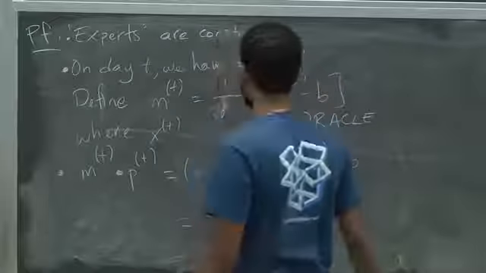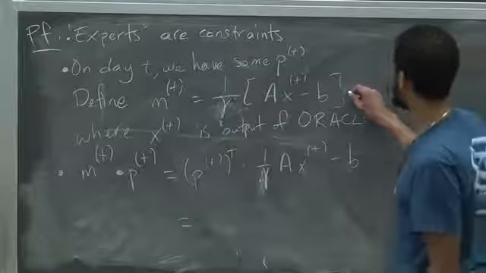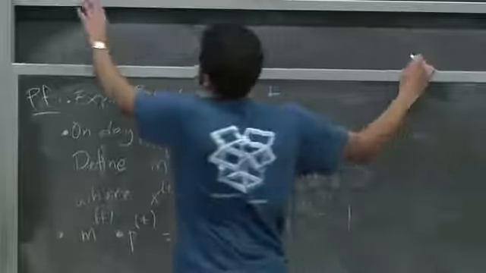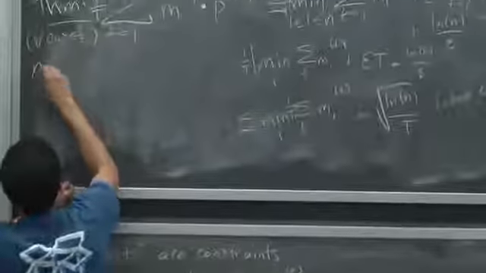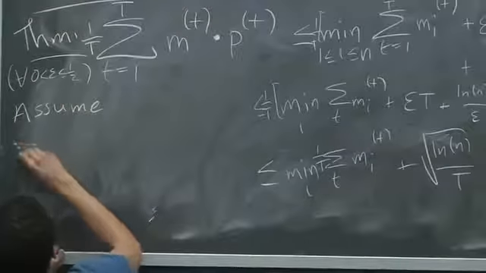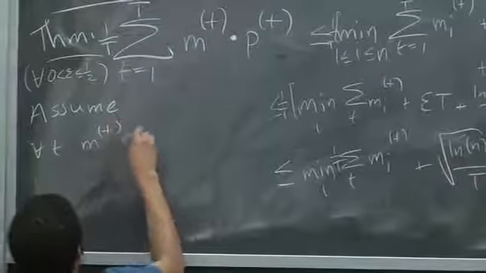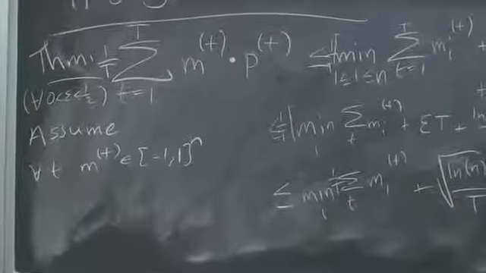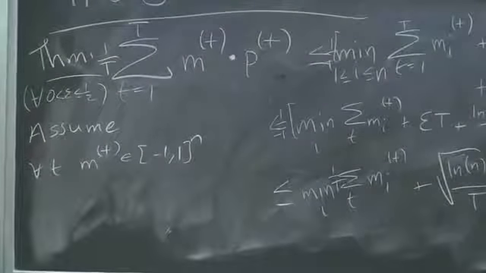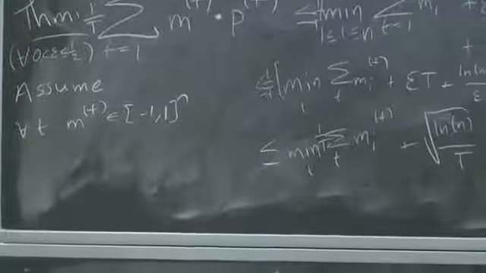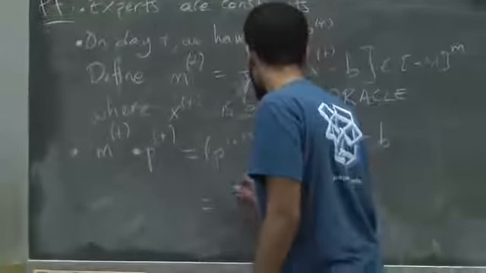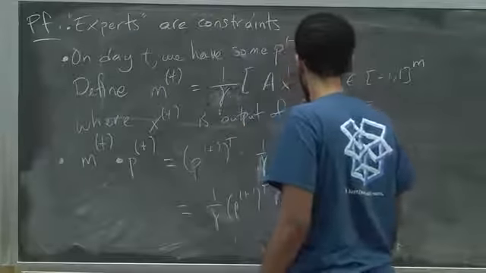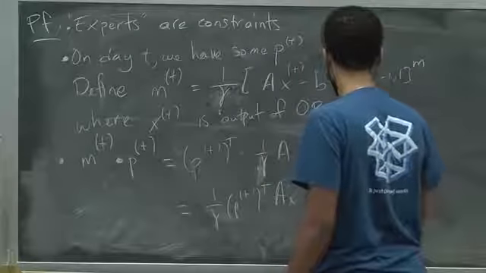Notice this thing is in minus 1, 1 to the m, which the theorem needs. The reason we normalized by this gamma was to ensure that. So this thing is equal to 1 over gamma times pt transpose A xt minus pt transpose b.